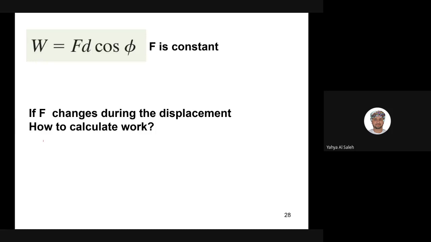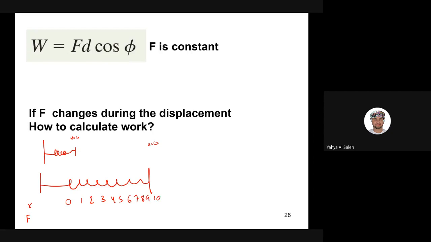that if I have a spring that is like this, and then I tend to stretch it all the way here, from x equals 0 to x equals 10, if I do a table of x and force, x is 0, 1, 2, 3, 4, 5, 6, 7, 8, 9, 10.